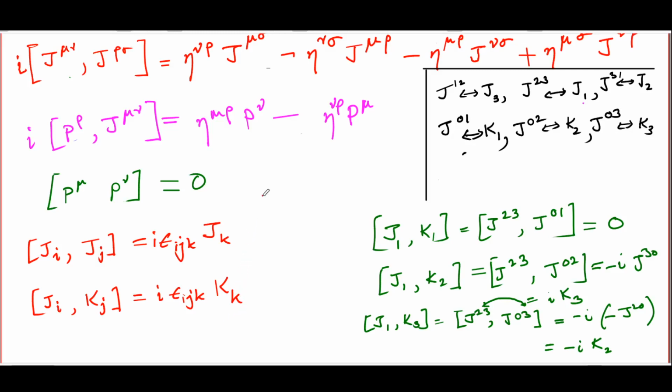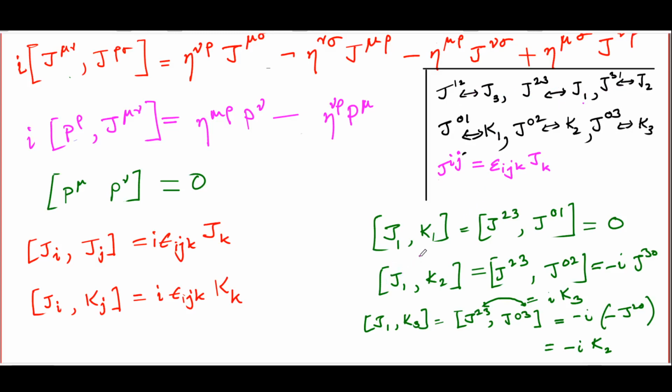But for that, what we need to do is take a look at this identification and write this in a bit more compact manner. So one easy compact way of writing this identification is simply this. If I wrote Jij equals epsilon ijk, capital J small k, you should be able to check that this captures these identifications exactly.